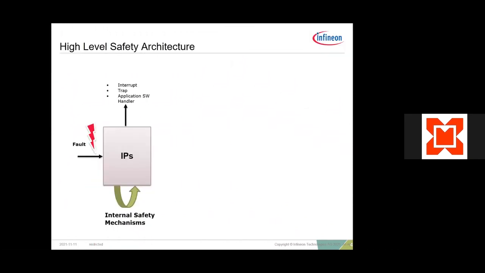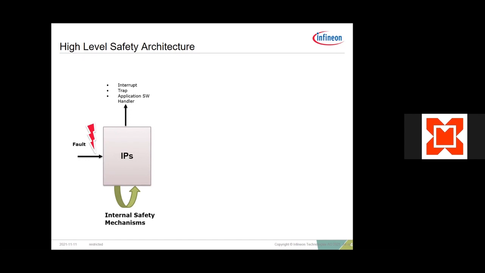Here we have internal safety mechanisms. These are the building blocks of the safety architecture in Aurix. ISO 26262 defines hardware architectural metrics for each ASIL level.